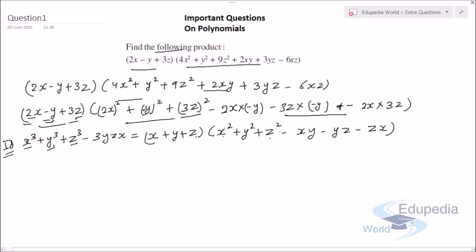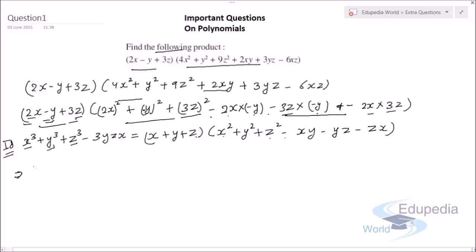Now in this term we have minus xy, so we have minus 2x and minus y, which satisfies the terms. Then we have minus yz, so we have minus y and 3z. Then we have minus zx, so we have minus 3z and 2x. So we can clearly see that we can directly apply the identity.